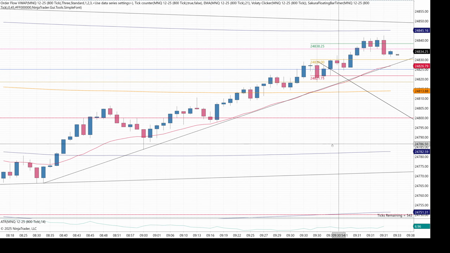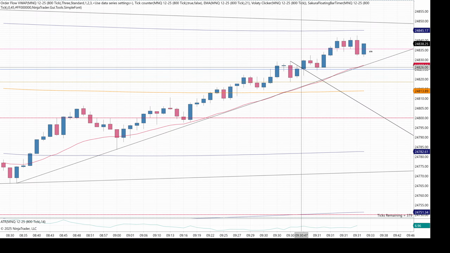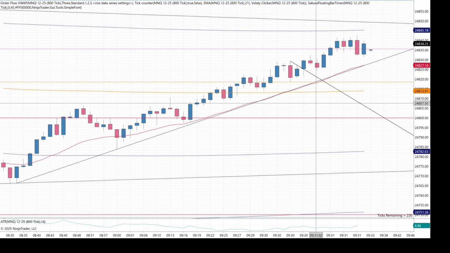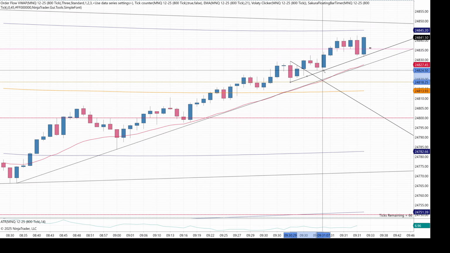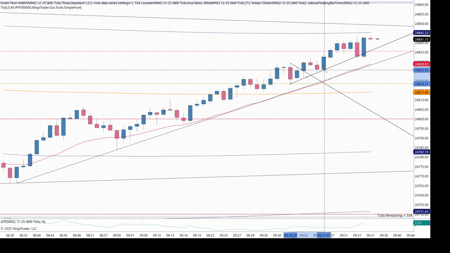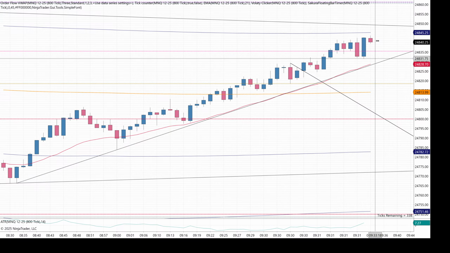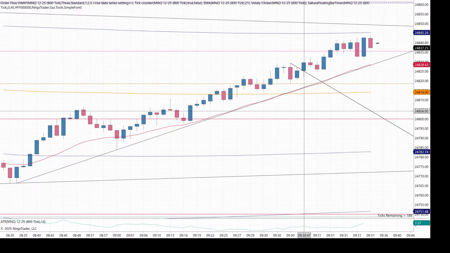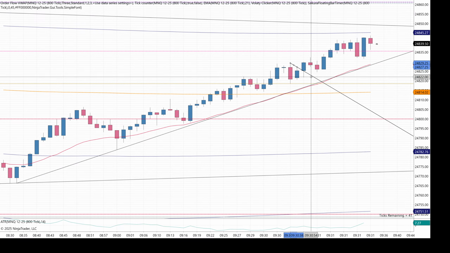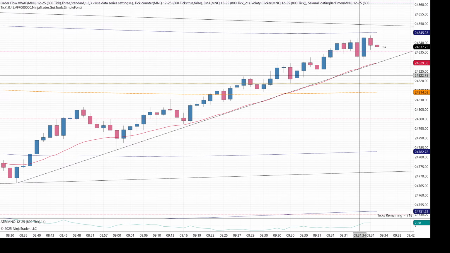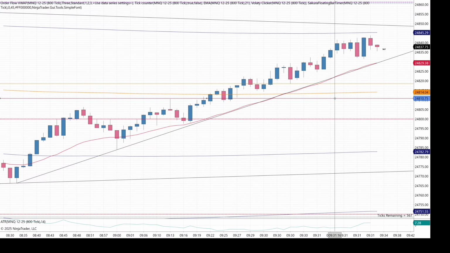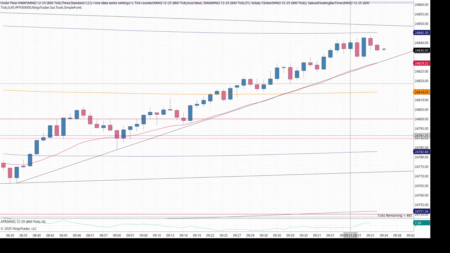Okay. All right, let's move some trend lines here. We had this one. We still have this one. We don't have any signal yet to do anything, so we're just gonna be patient.